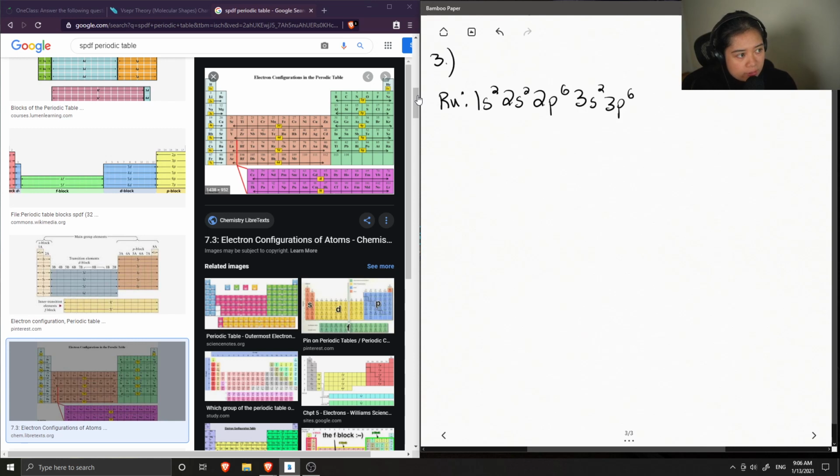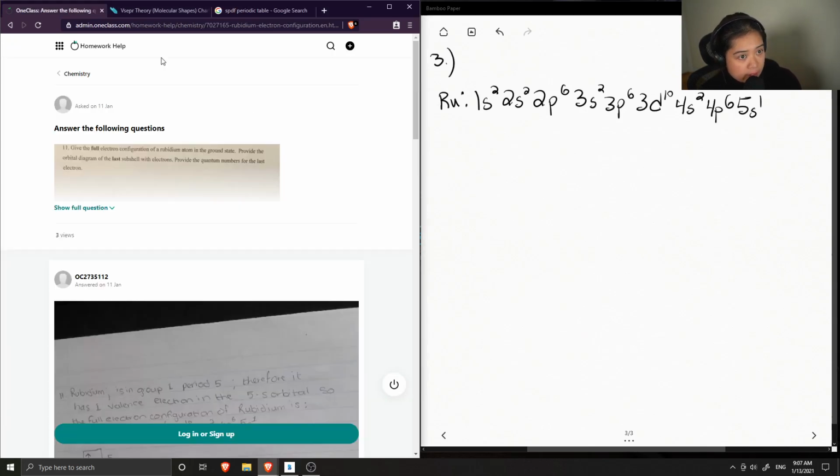So we're just going to write our D block before we write our S block. So this makes it 3d10, and then 4s2, and then 4p6, and then 5s1. So this is the ground state electron configuration for the rubidium atom.